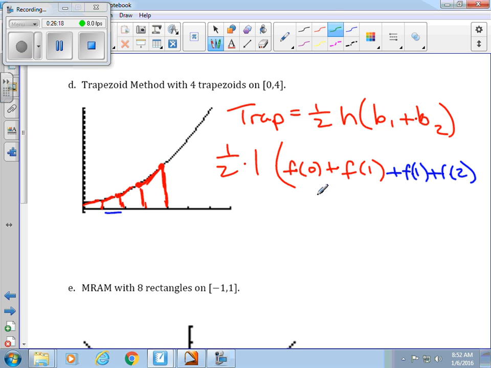My third trapezoid will be f of 2 plus f of 3. Everyone know where I'm getting this? And then my fourth trapezoid will be f of 3 plus f of 4. Is that going to give you the complete accuracy? No. It will never be perfect. Not with 4 rectangles. It will get closer though, right?